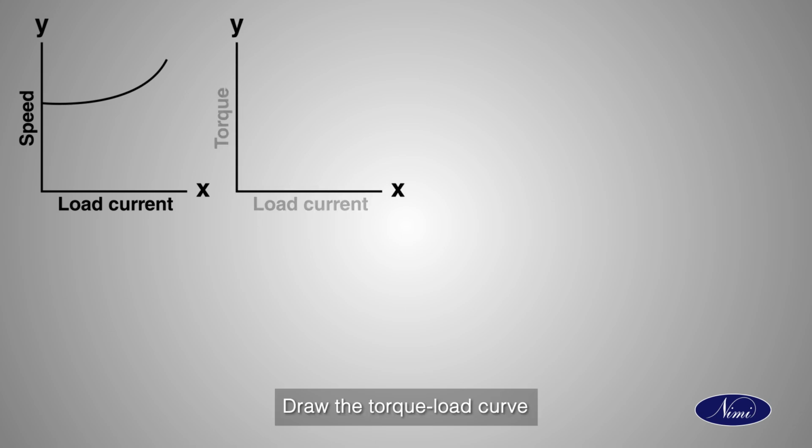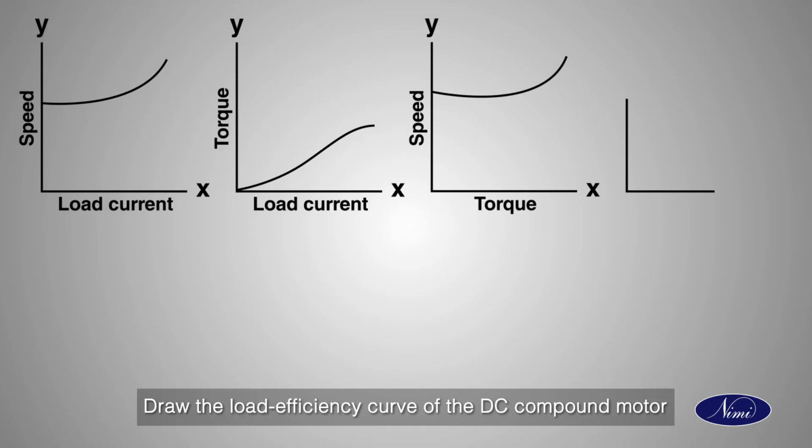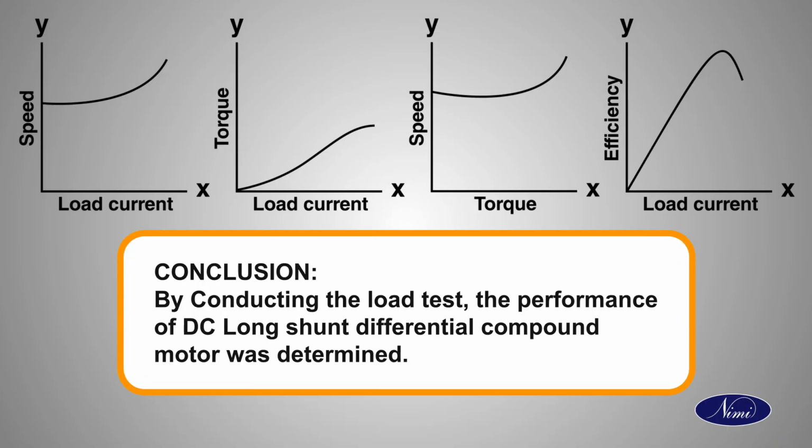B. Draw the torque load curve. C. Draw the torque speed curve. D. Draw the load efficiency curve of the DC compound motor. Conclusion. By conducting the load test, the performance of DC long shunt differential compound motor was determined.